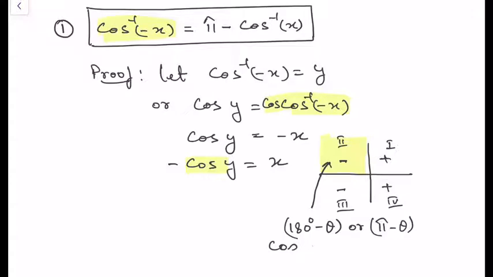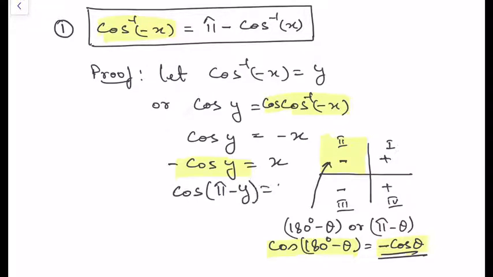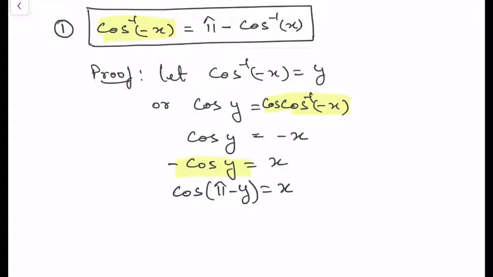So cos of 180 minus theta will be minus cos theta. So minus cos y can be written as cos of 180 or pi minus y. So cos pi minus y is equal to x.